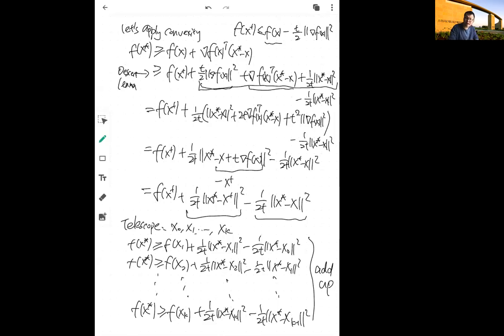As we add everything up, we have the telescoping structure that keeps canceling out with each other. Well, this one does not actually cancel out.